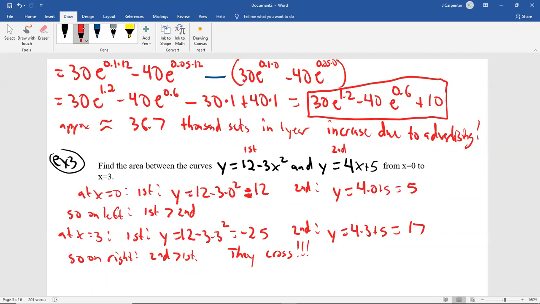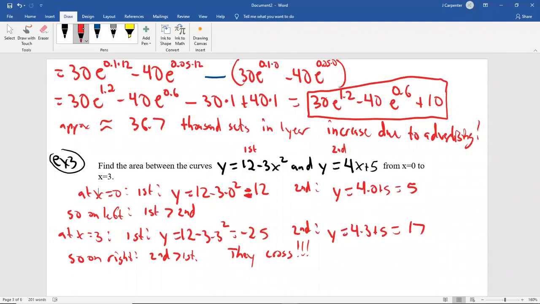Remember, just because one function is higher on both ends does not mean they don't cross. If they cross twice, that means at one point the second one's higher, and then at one point the first is higher, and then it goes back to the second being higher, or vice versa. But this definitely says they cross.